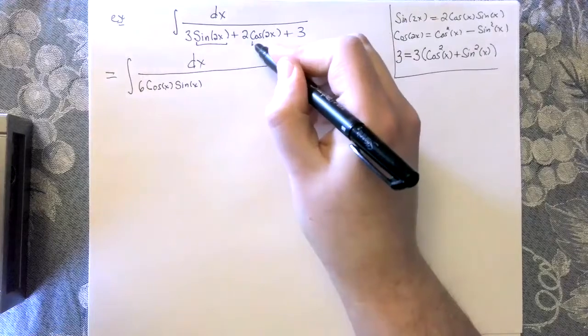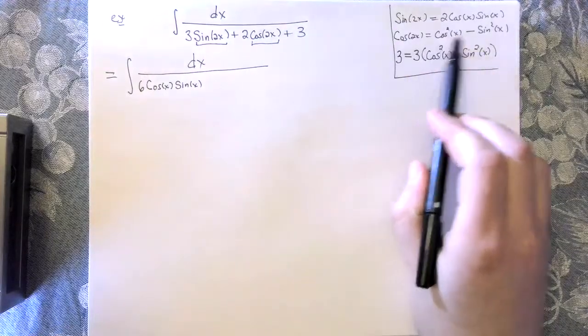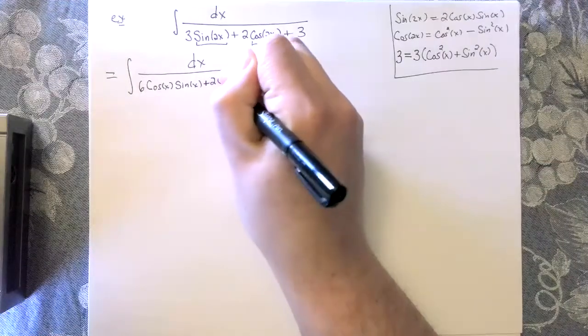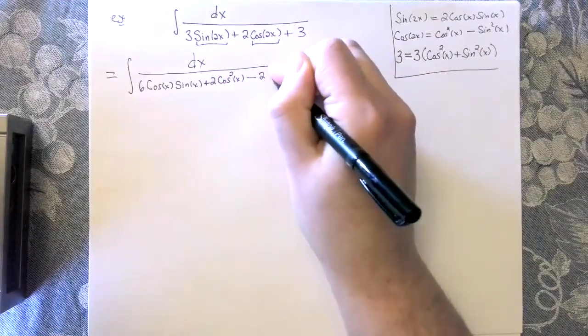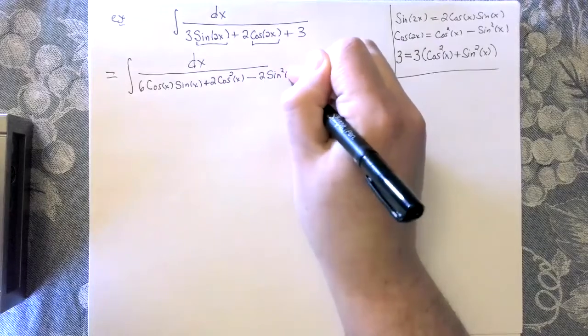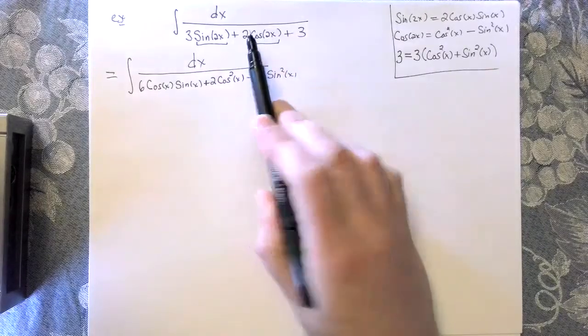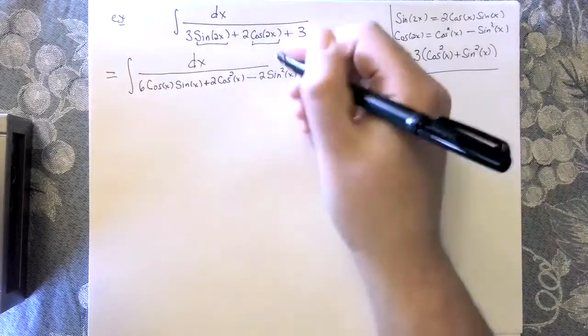And then here, I want to distribute a 2, so that should give me a plus 2 cosine squared of x minus 2 sine squared of x. Again, I just went to this formula and multiplied everything by 2. So if I multiply both sides by 2, remember to distribute, you get this.